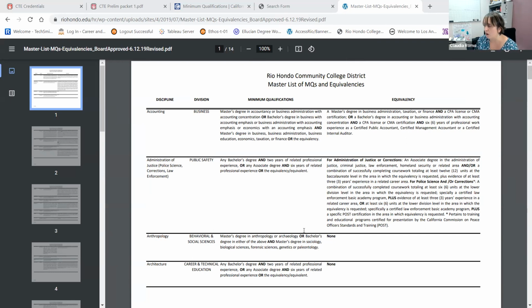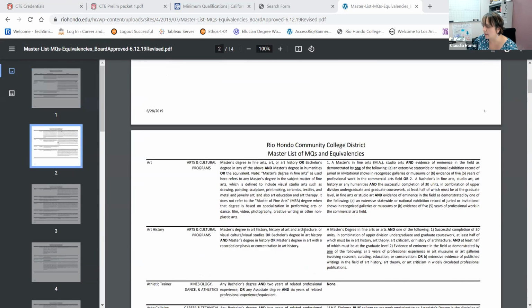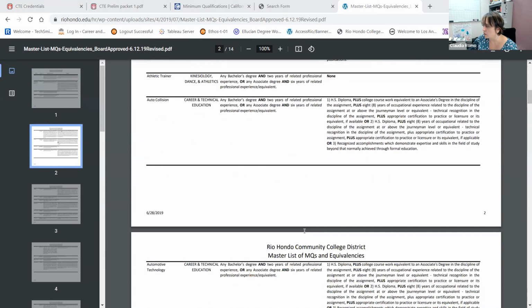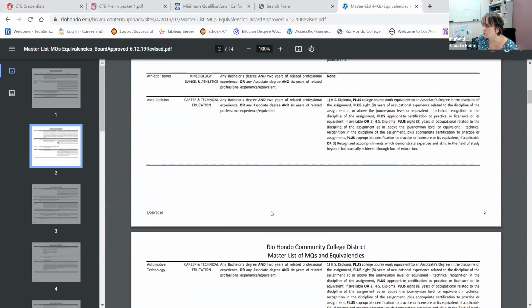That's the minimum requirement. But for some of the other ones, I know someone talked about, a couple said automotive. So what you'll see on the screen is ideally what the minimum quals are, and then they have the additional qualification, and it's going to depend on the type of degree that you have, if you have one, and then the years of experience.